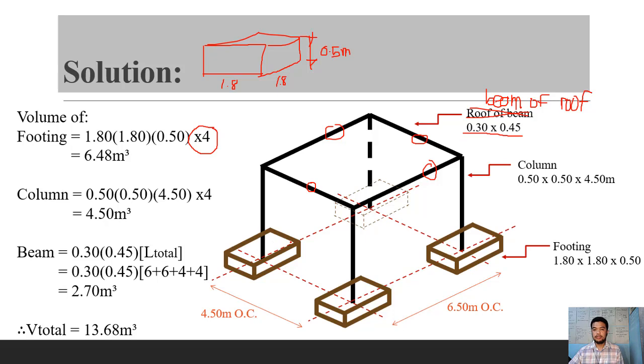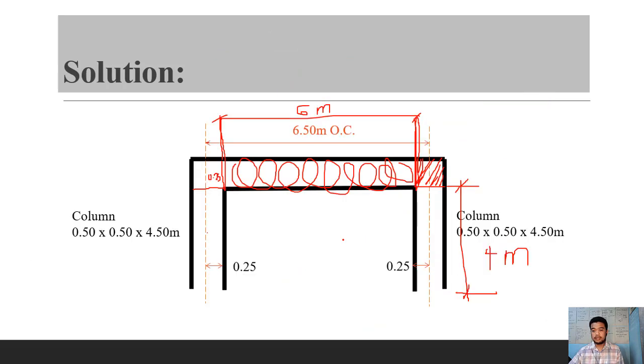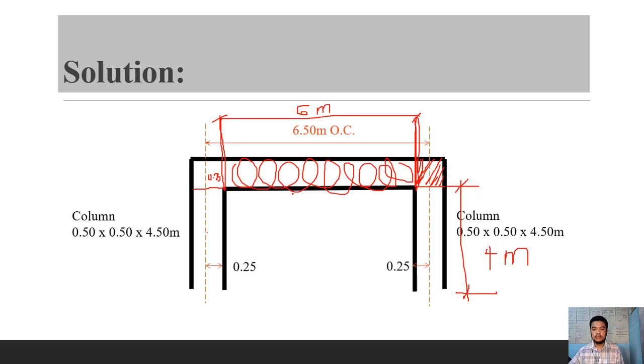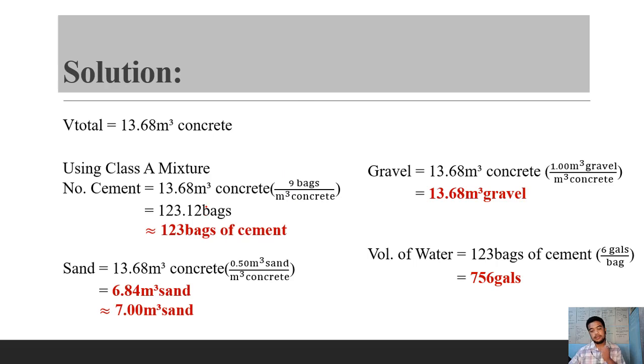We already have computed the volume of concrete. It is now time to estimate how much water, cement, and sand should be prepared. So the total amount of concrete will be 13.68 cubic meters. So it will be simply multiplication.